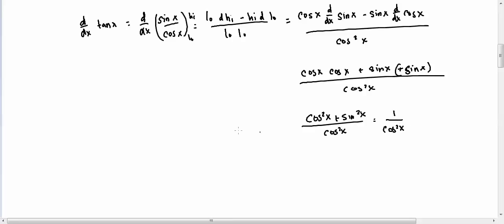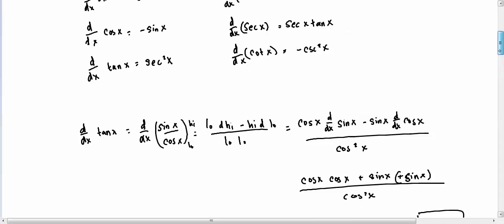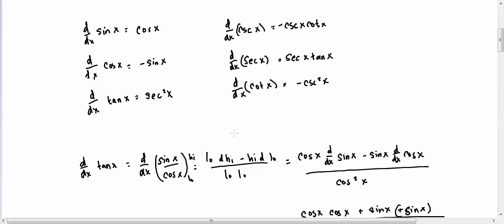We know that 1 over cosine of x is defined as the secant of x. So since I have cosine squared, I actually have secant squared of x. And voila, QED: the derivative of tangent of x is equal to secant squared of x.